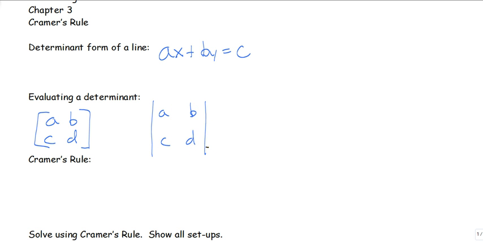To evaluate a determinant by hand, you multiply down first, so A times D, and then you subtract from it C times B. That is how you evaluate that determinant. You should get one value. A determinant always gives you a number. We use determinants to solve our answer.